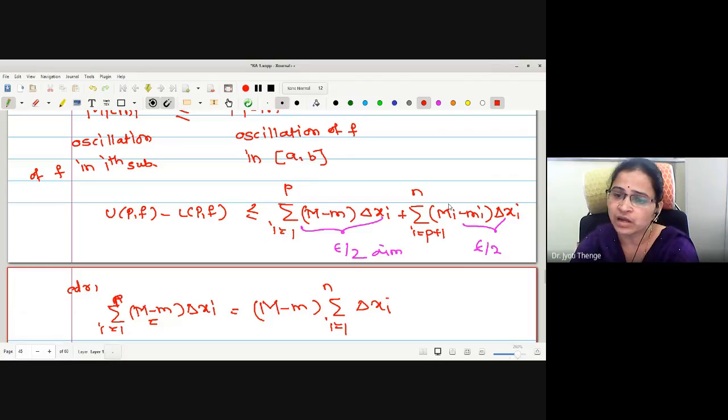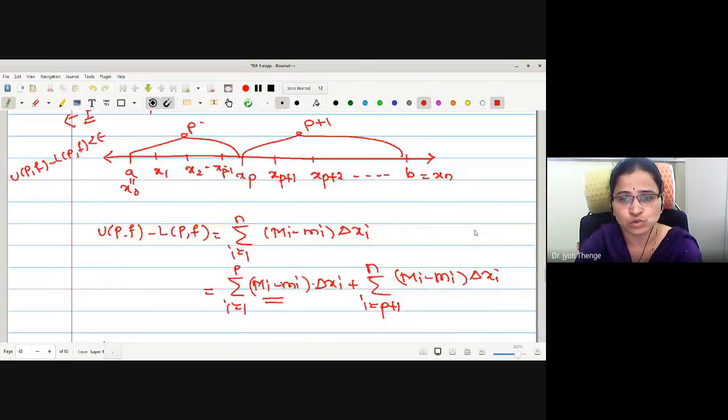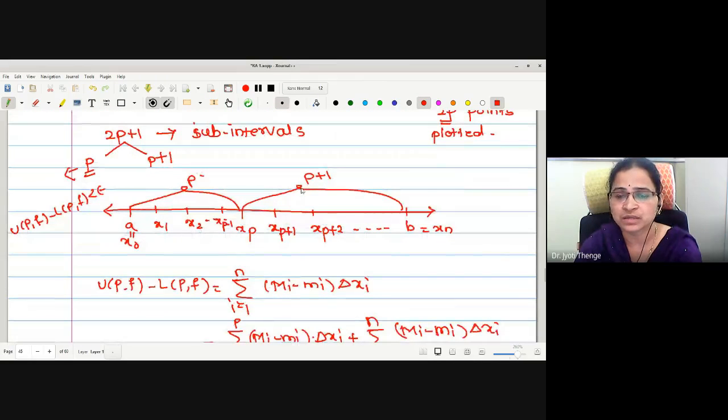Now, similarly, we have to show that the contribution of the second term to the difference UPF minus LPF is less than epsilon by 2. The fact is known to us that over these remaining p plus 1 subintervals, the function is continuous.